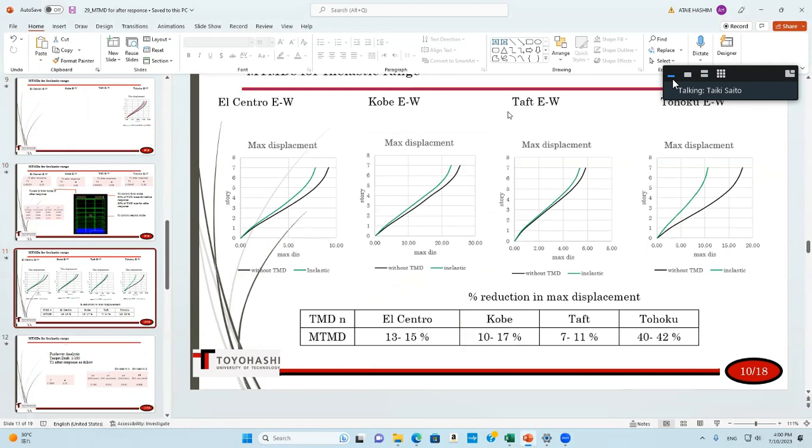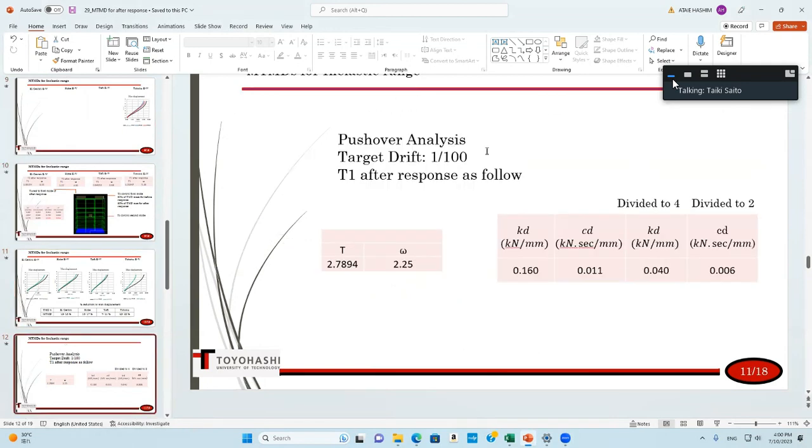Did you check how much the TMD moves if you adopt this kind of long period? Maybe a very big movement of the TMD.